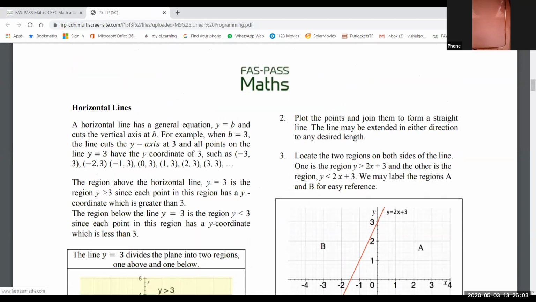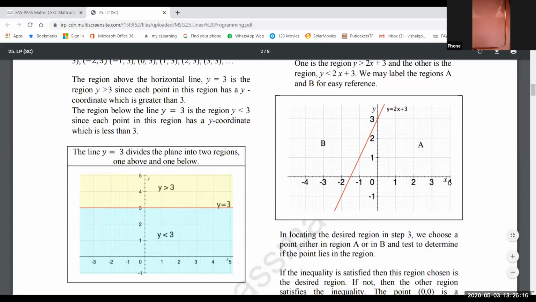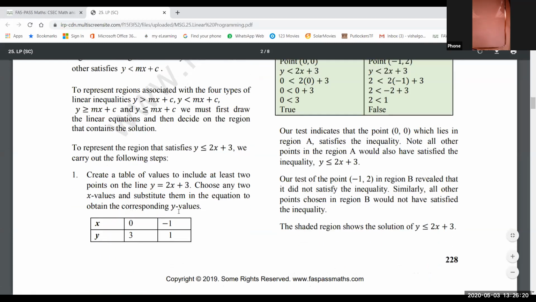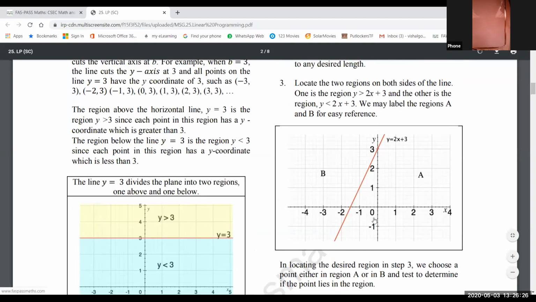The second step is to plot the points and join them to form a straight line. The line may be extended in either direction to any desired length. So we would have plotted the points. The values you would have gotten would have been 0, 3, and negative 1, 1, right? So when x is 0, y is 3, that's this point here.